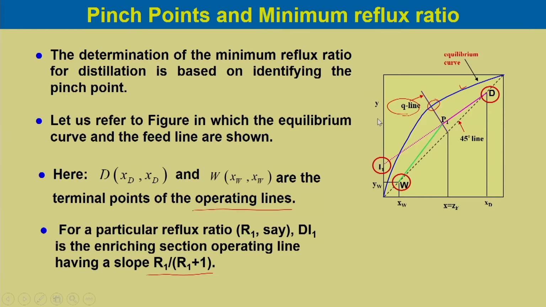That is the slope, and the intercept on the y axis is at I1, which we can calculate as xd divided by R1 plus 1. So, I1 is essentially xd divided by R1 plus 1, and the slope is essentially R1 by R1 plus 1.